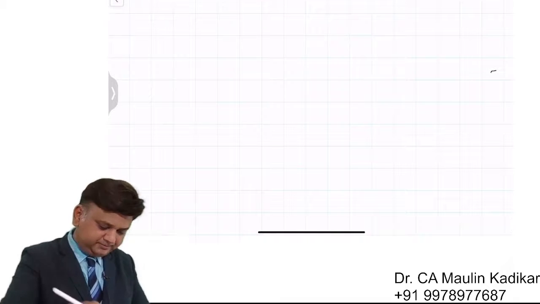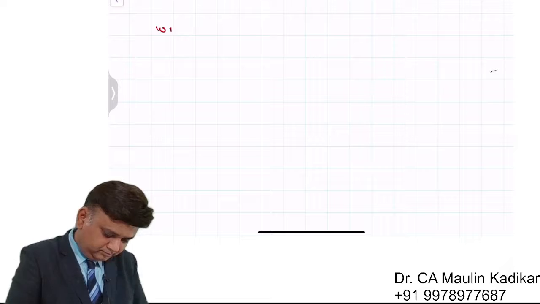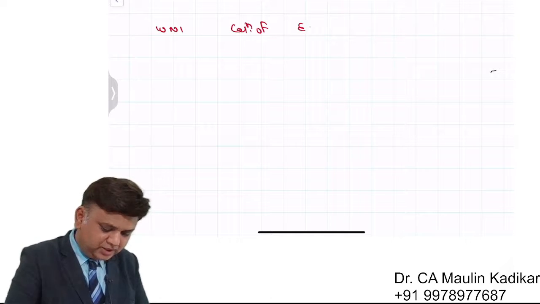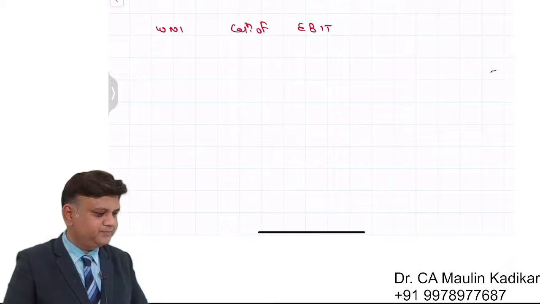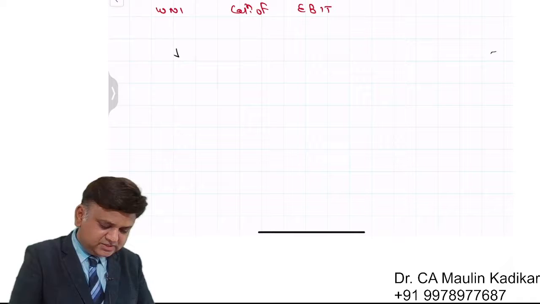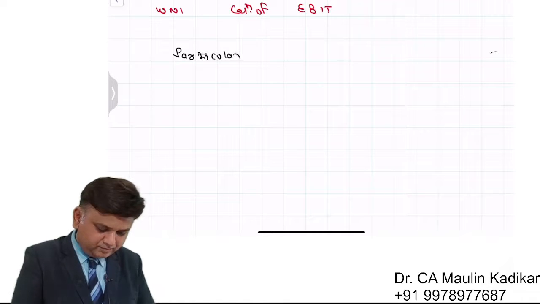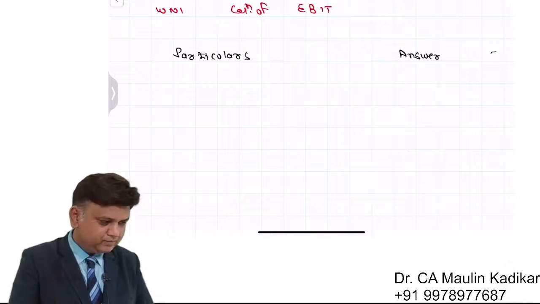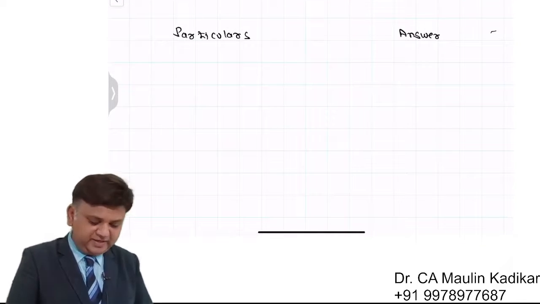Working note number 1. Calculation of earning before interest and taxes. So the question is providing the information about the sales. Amount of the sales is 75 lakhs.